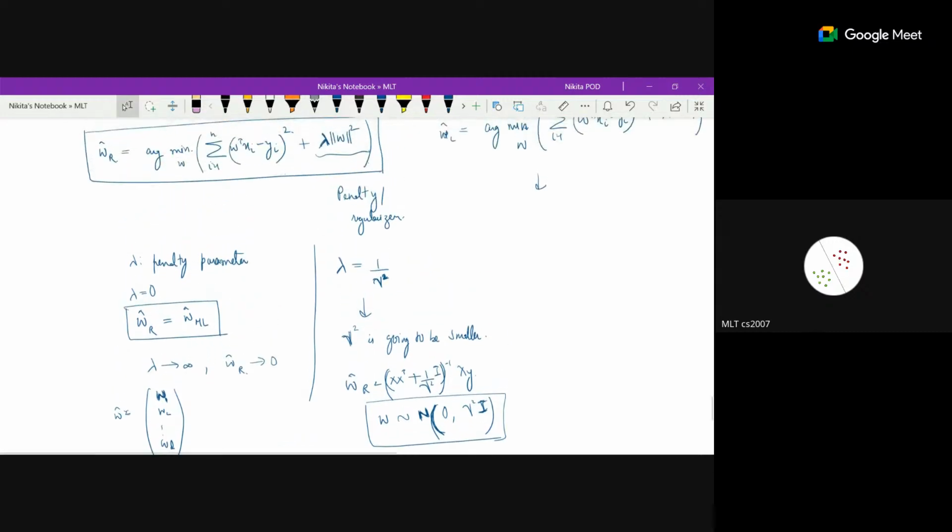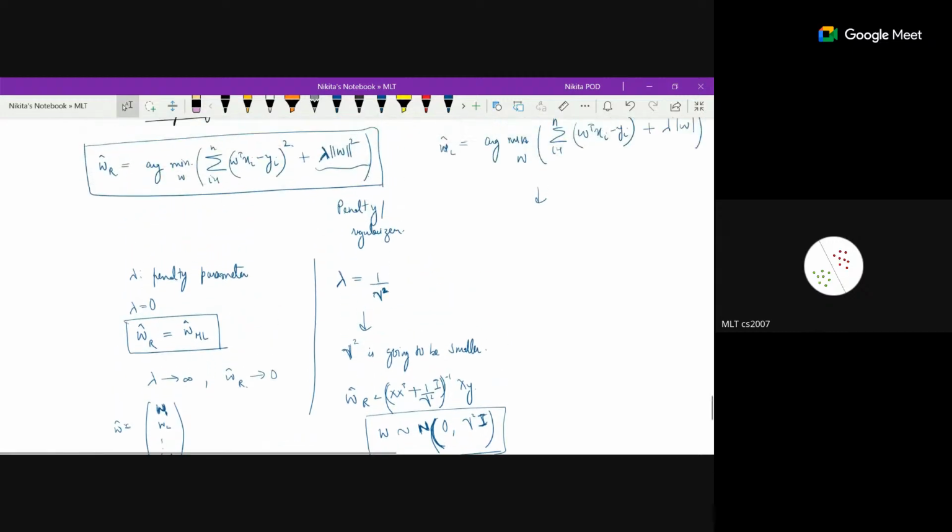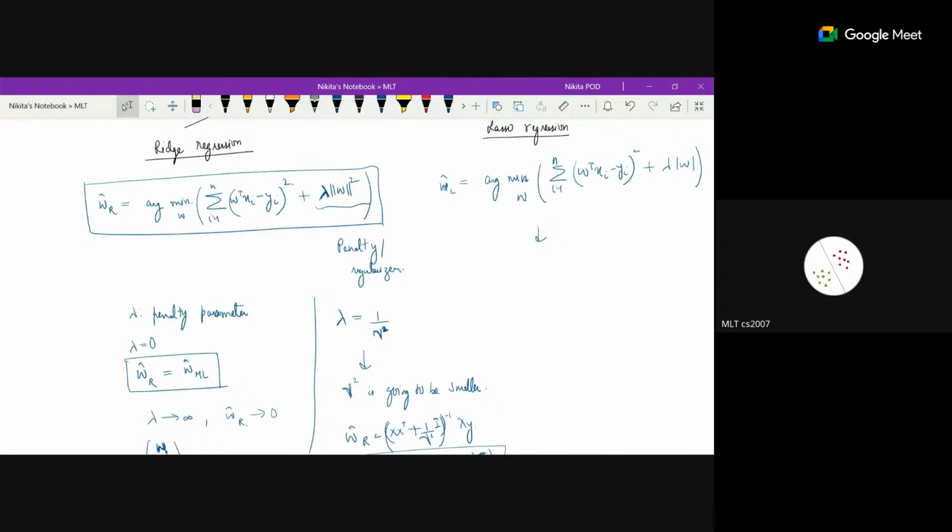This is the assumption we had made while finding this estimator. And this is exactly what the regression is doing over here.